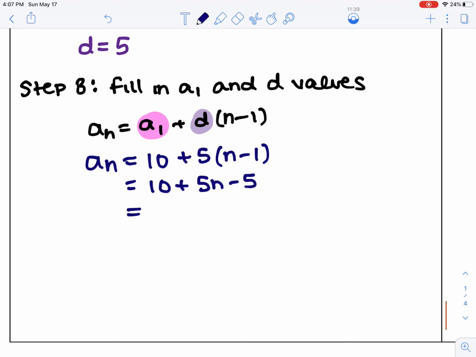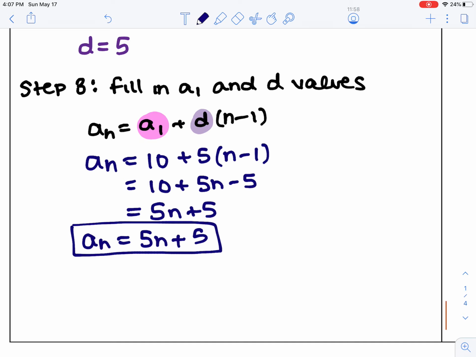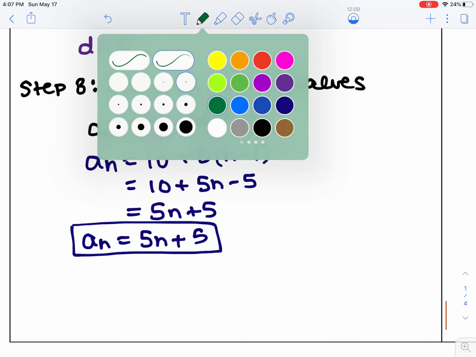That would give us that a sub n is equal to 5n plus 5. That's part of the question we were asked to answer: identify that explicit equation, a sub n equals 5n plus 5. But then we were also asked to find a sub 17.